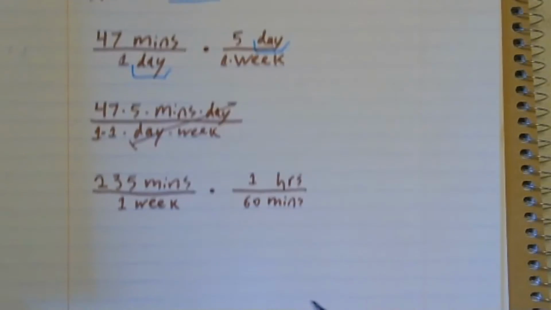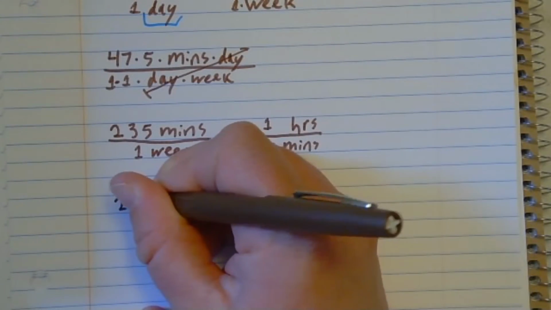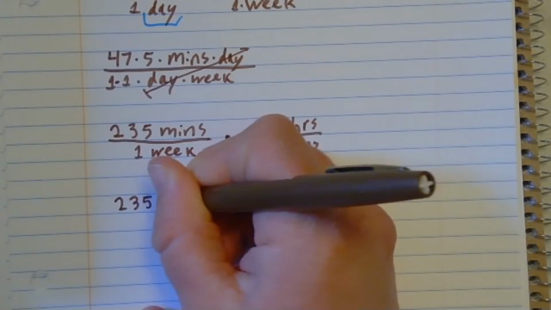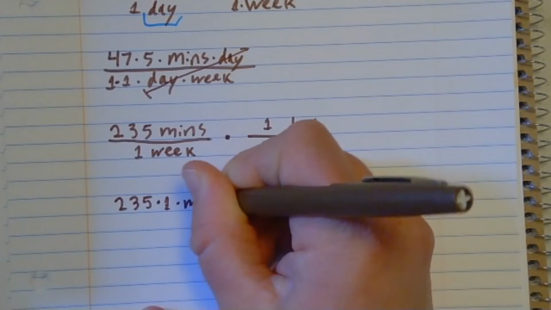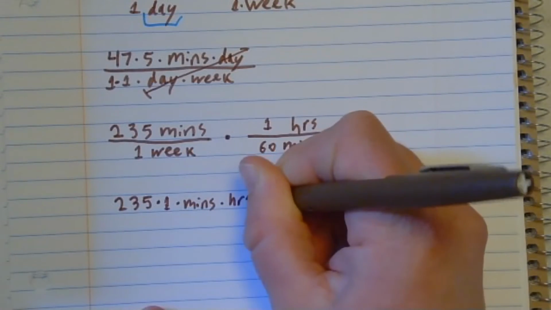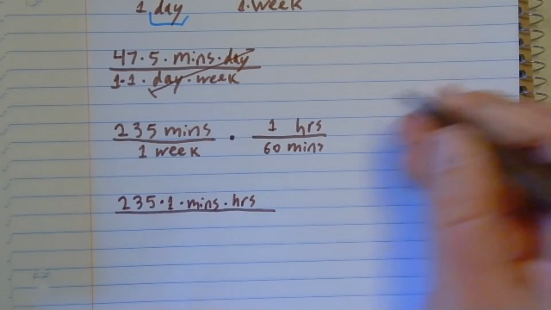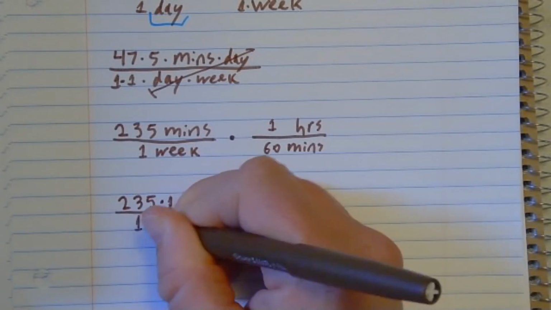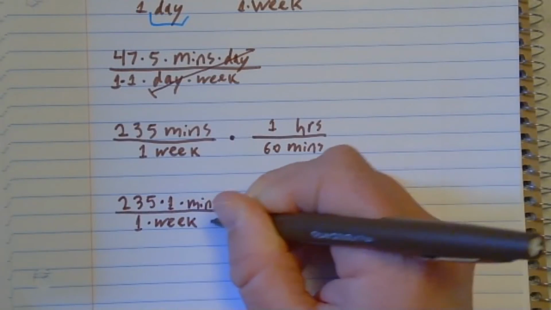So now I can do my multiplication again. I have 235 times 1 times minutes times hours over 1 times week time.